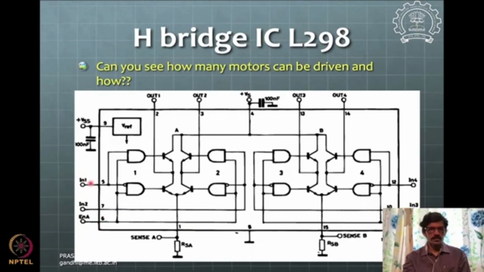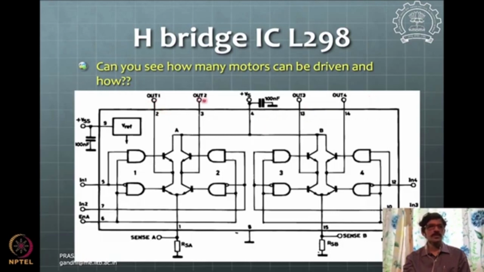There are inputs here, and then there is an enable kind of signal here. Then there are these outputs coming out of this H-bridge. You can see how many motors can be driven. Here there are 1, 2, 3, 4 outputs, so you can drive 2 motors.